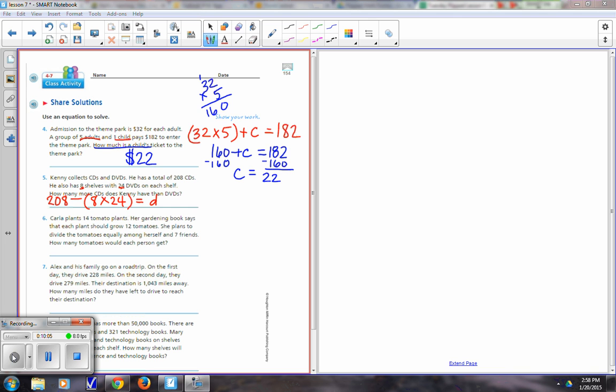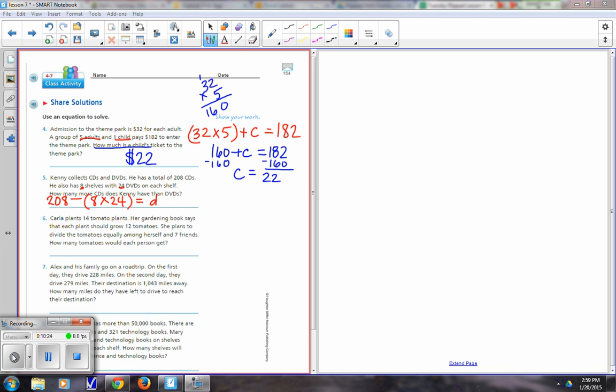Carla plants 14 tomato plants. Her gardening book says that each plant should grow 12 tomatoes. She plans to divide the tomatoes equally among herself and 7 friends. How many tomatoes would each person get?